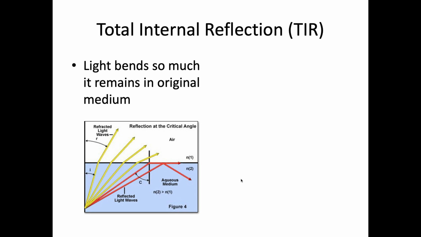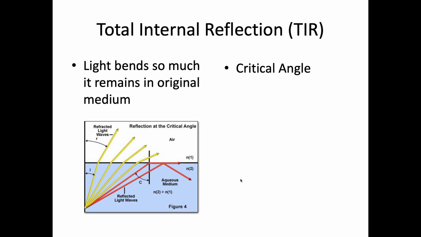The one that is just skimming the surface, that's what I was talking about with the idea of critical angle, that maximum angle of incidence that will allow it to just skim the surface. If the angle gets any bigger, it doesn't refract. It doesn't bend as it's leaving. It's bent so much that it goes back inside and follows the law of reflection instead.